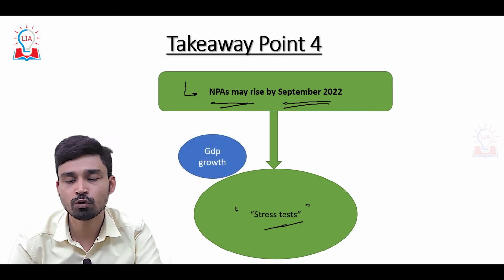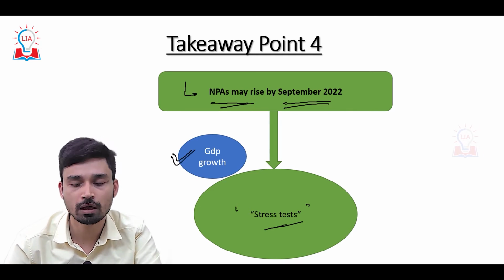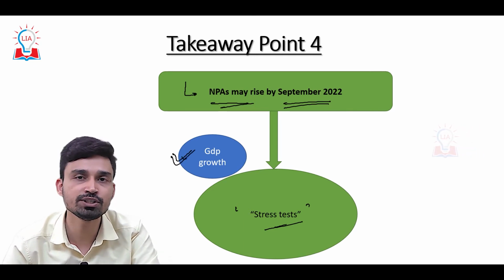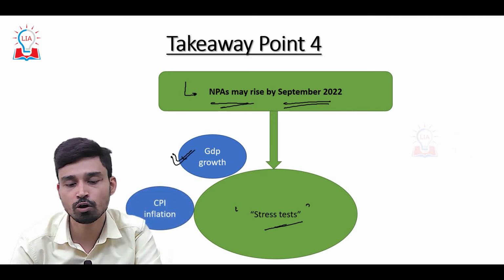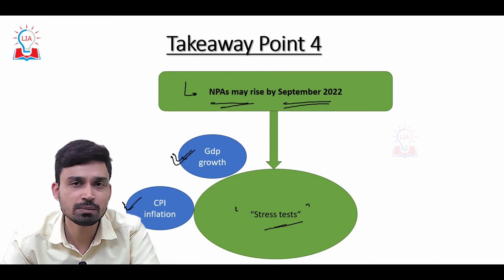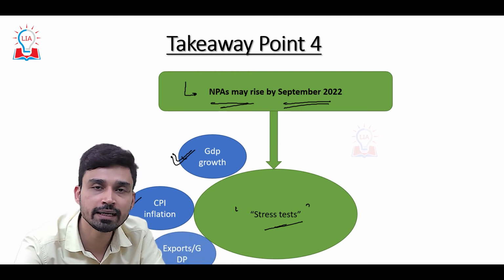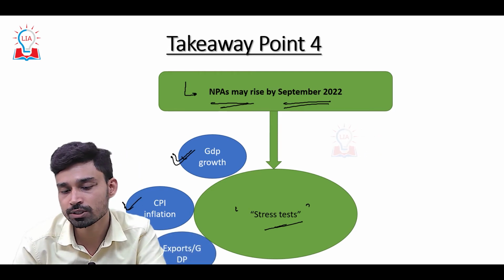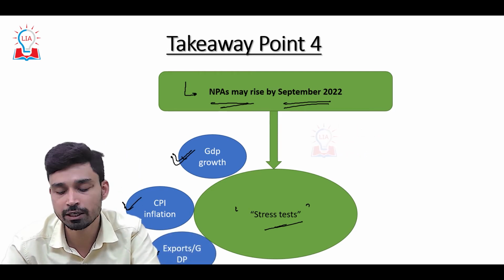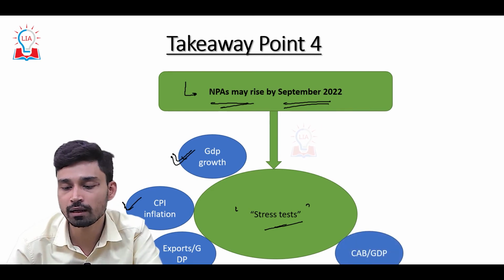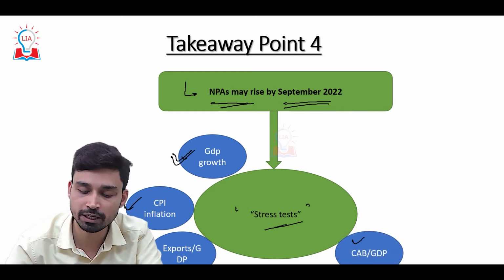For that, first of all, they take into account GDP growth, how stress will cause changes in GDP growth. Second, they try to understand how CPI inflation will vary under worsening economic scenarios. Third, how the export to GDP ratio will vary. Fourth, how the current account balance to GDP ratio will vary.